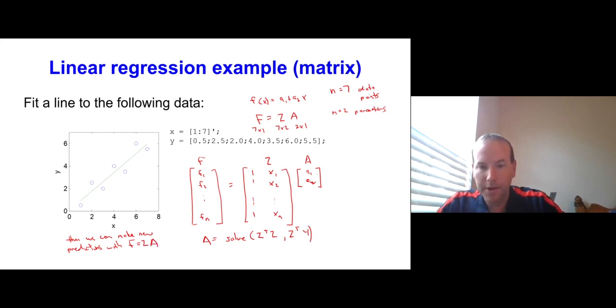So basically what you're doing here is that you're taking the x values and the y values that you have, putting them in matrix form like this, and solving for the unknown A matrix. Then you can plug new x values into this same equation so you can make new predictions.